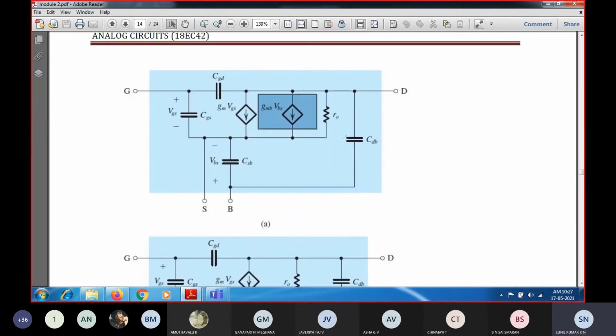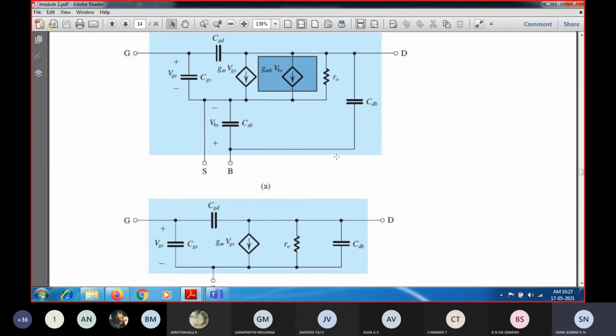Now whenever you discuss a MOSFET or amplifier, the body terminal will usually be connected to the source. So when we are discussing the common source, common gate, common drain or any type of amplifier configuration, we have considered that the body terminal will usually be connected to the source terminal, in order to reduce the effect of the body on the device characteristics.